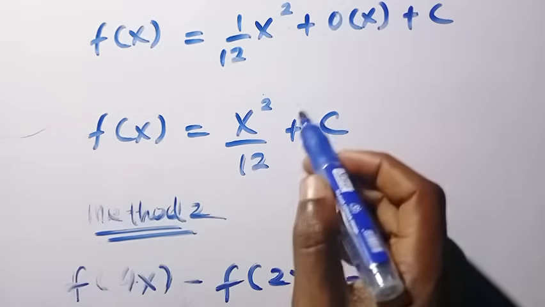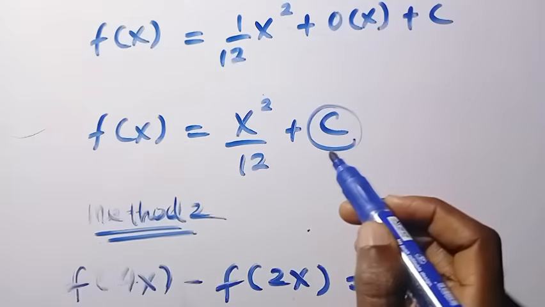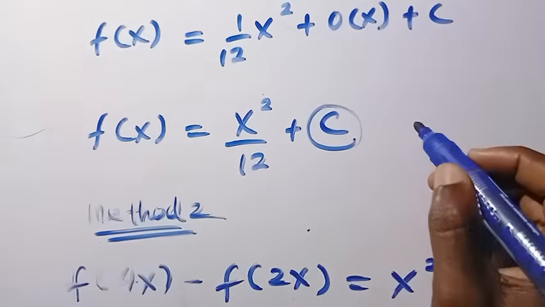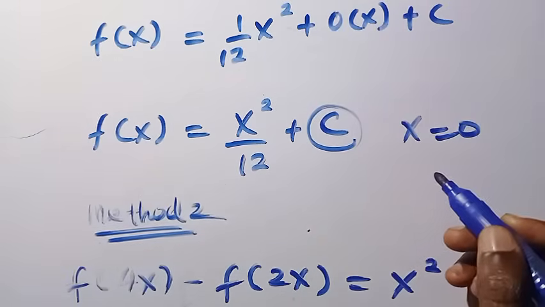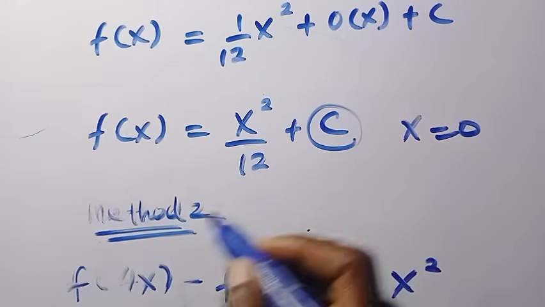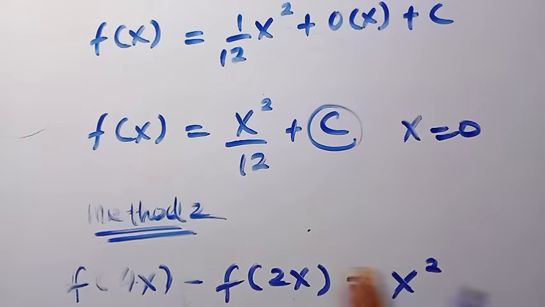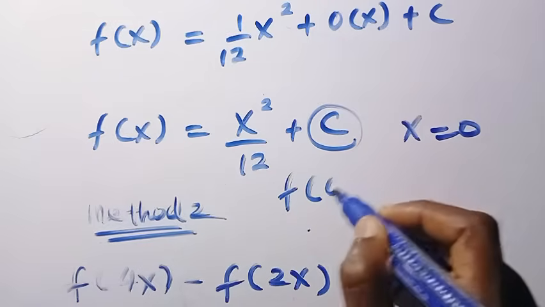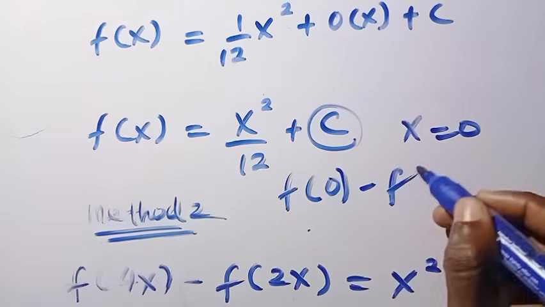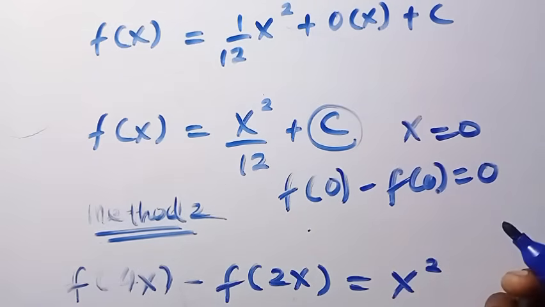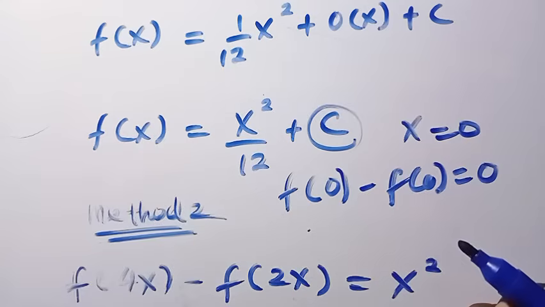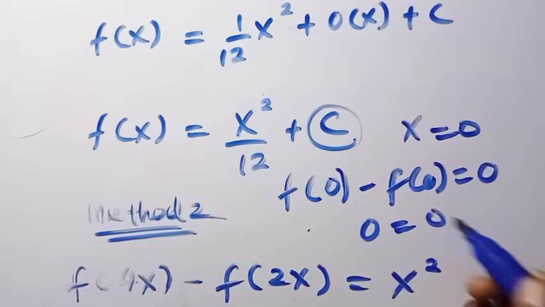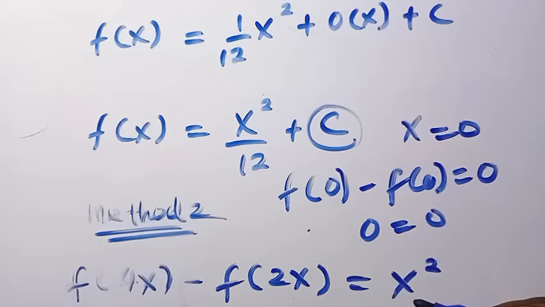And to verify that c is always constant, let's say our x equals 0. Substituting this into f(4x), this becomes f(0) minus f(0), and everything equals 0. So these are constant, which shows that 0 equals 0. Let me test another one, say at x equals 5, where we get other values.